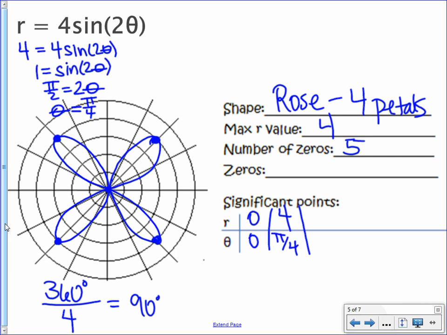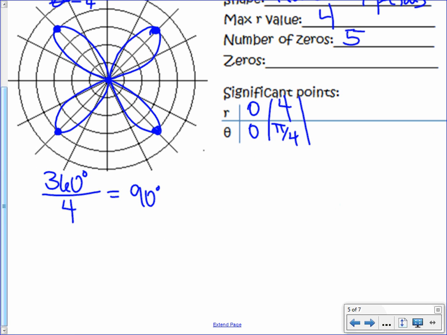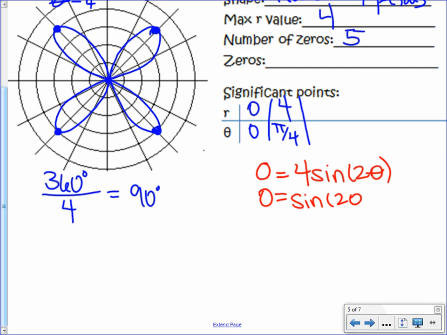Okay. So now let's find our zeros. How do we find our zeros? We take 4 sine of 2 theta and we do what with it? Excellent. So if we divide by 4, 0 is sine of 2 theta.